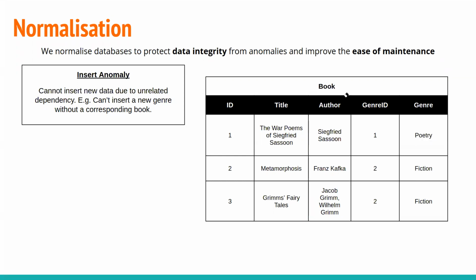And how we describe this is we have an unrelated dependency. I kind of suggested that to you guys earlier as well, because you can see that the genre of a book is not directly related or dependent on the book itself. Like you might think as a human, you read a book, it's fiction or it's nonfiction, right?